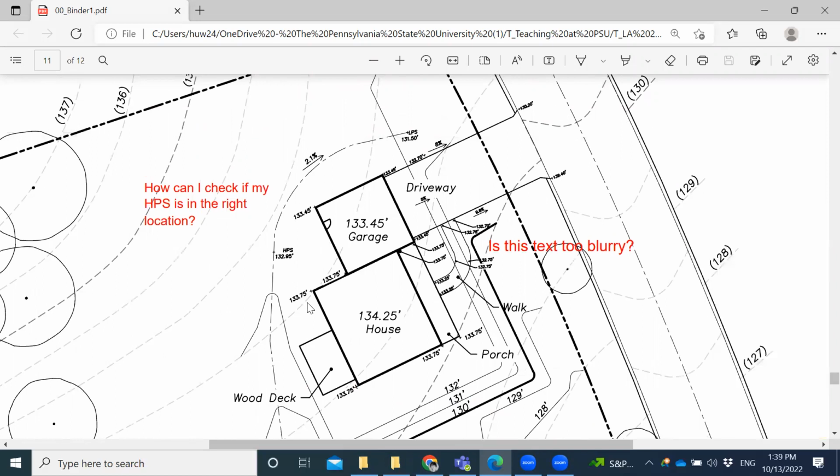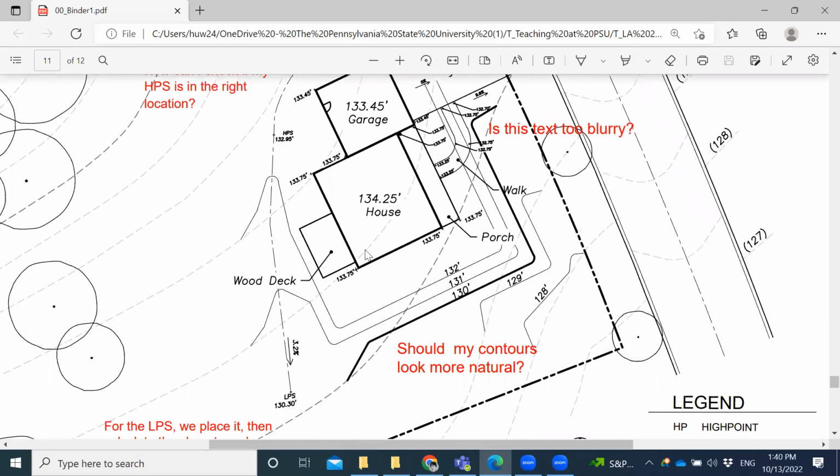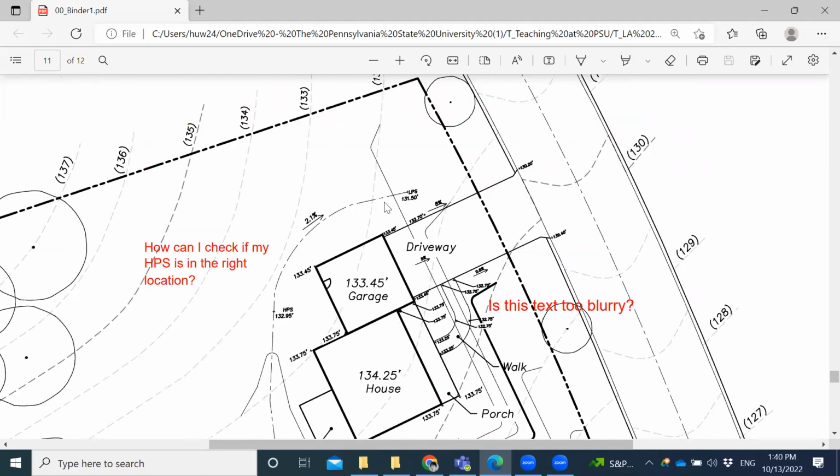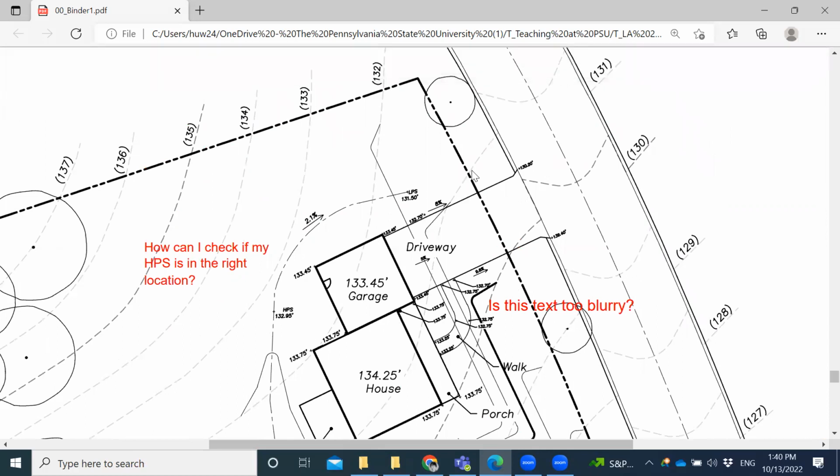I know you started connecting contours on this side, not necessarily on that side, so it's hard for you to know where things are. Okay, 132. You will only have one 132, and the 132 right now is not in the right location, okay? We need to find out where 132 is, it's probably somewhere here, the tick mark. We're missing one tick mark. That's why the 132 doesn't look correct yet.